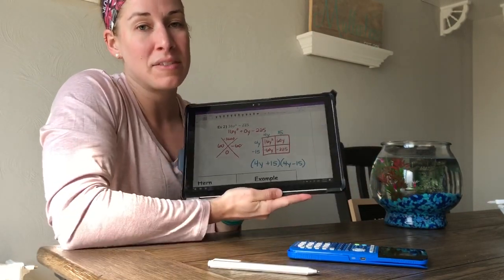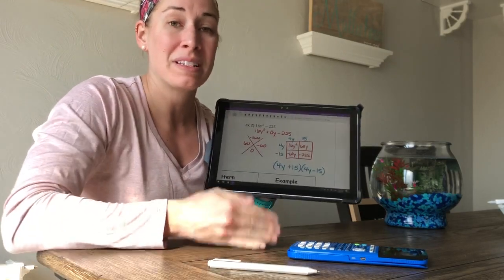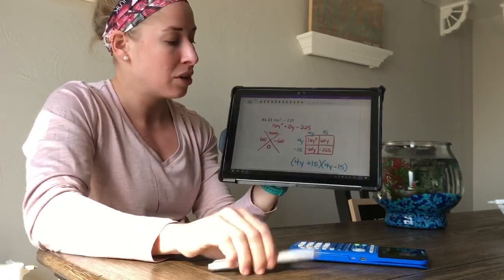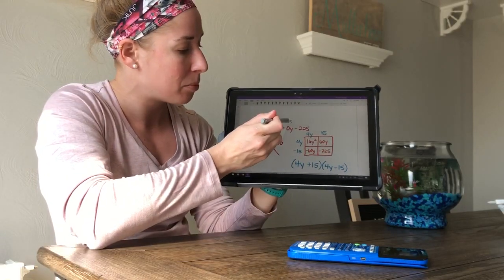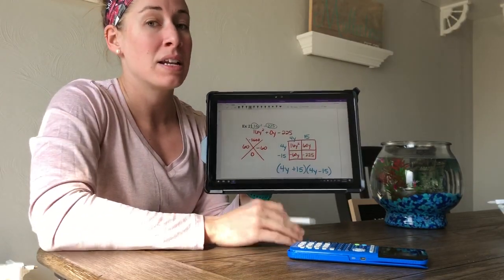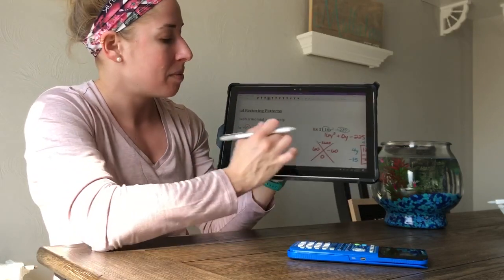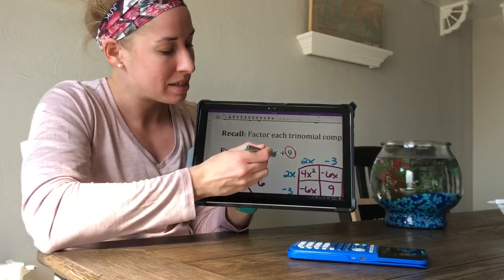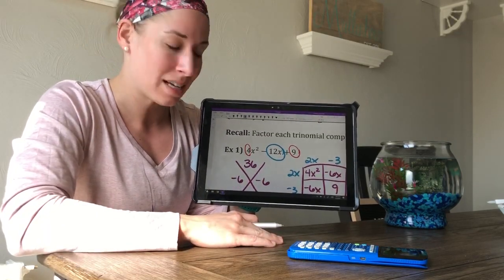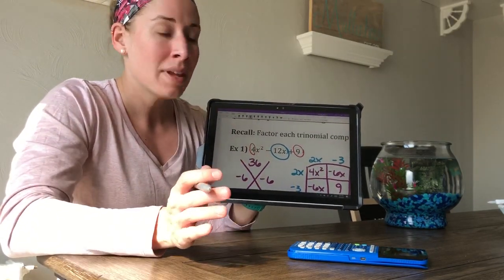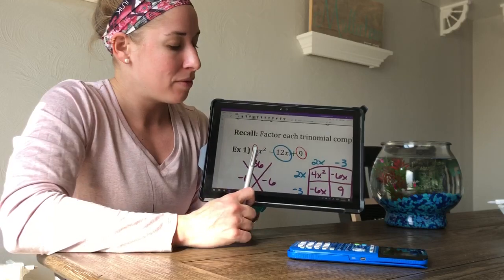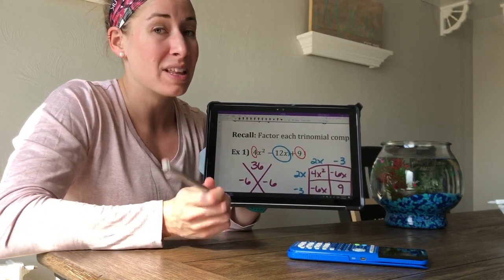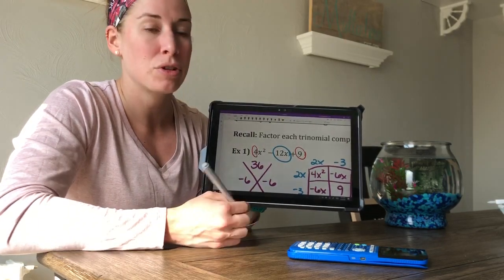How to recognize if something is a special pattern, which means that you don't have to show work. If your first and your last terms are perfect squares, then it's most likely a pattern. This one is sometimes not always a pattern because that middle term is important. But for right now, I'm not going to trick you. If you ever see the first and last term as a perfect square, assume it's a pattern. But just know that that's not always the case, especially for the trinomials.